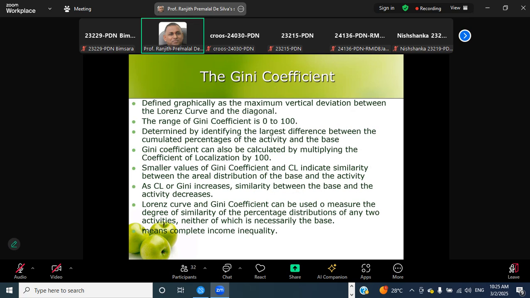Now, the coefficient of localization ranges from 0 to 1. The location quotient goes from 0 to infinity. And the Gini coefficient is scaled to 0 to 100.